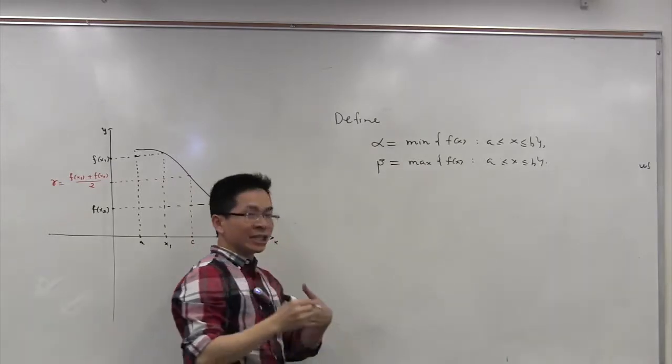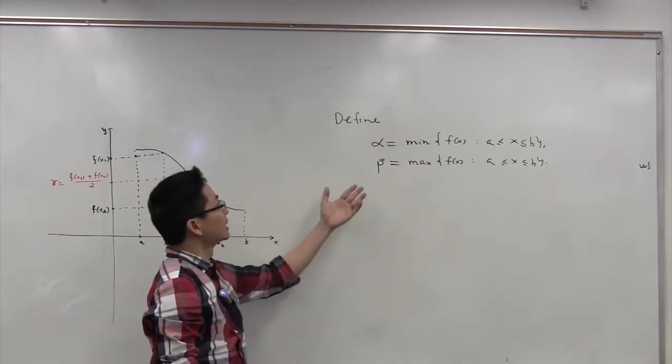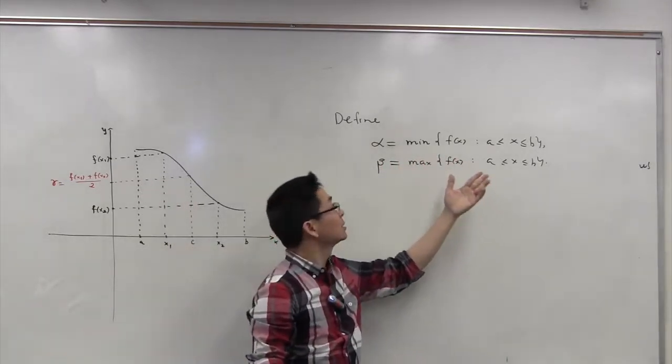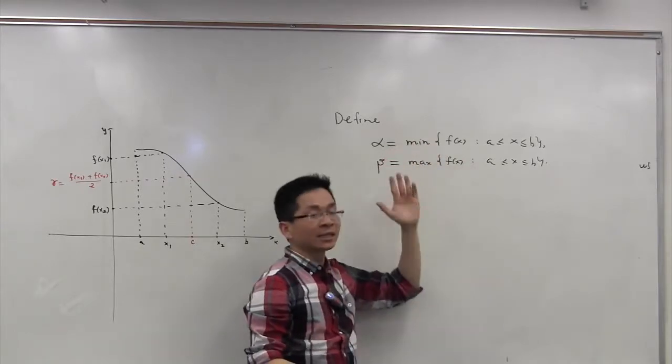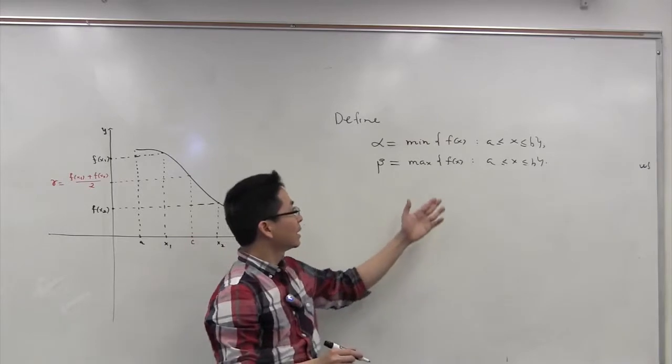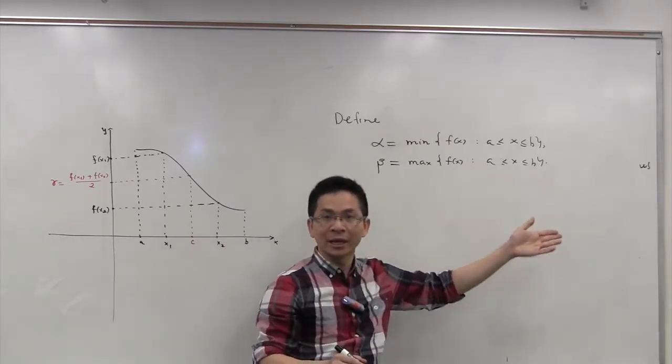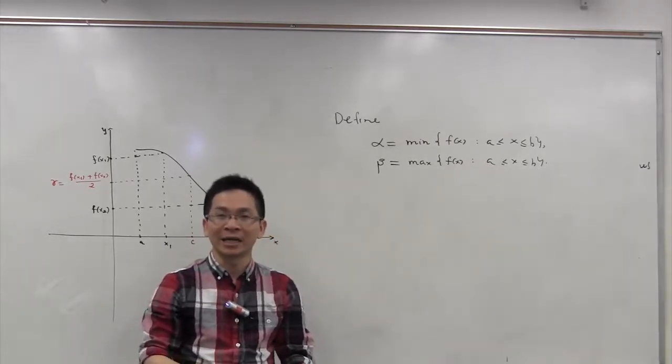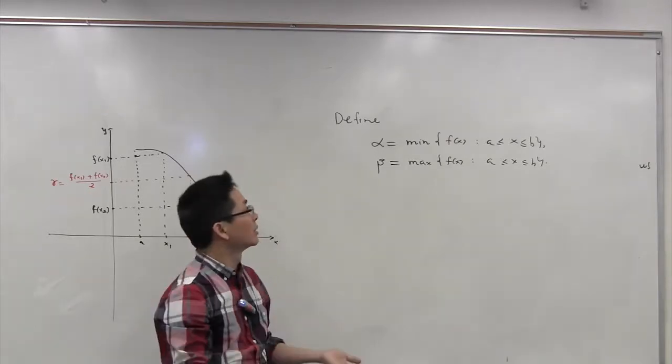Now, by the extreme value theorem, because f is a continuous function, it has an absolute maximum and an absolute minimum in the interval AB. Therefore, alpha and beta are two real numbers.